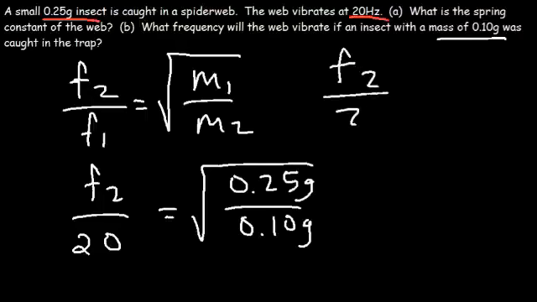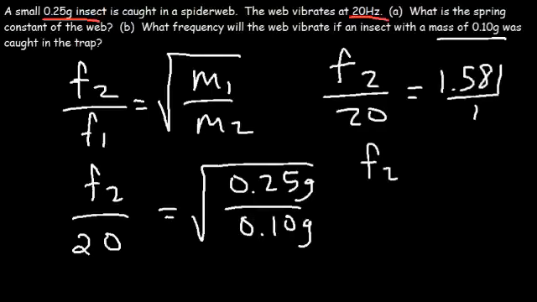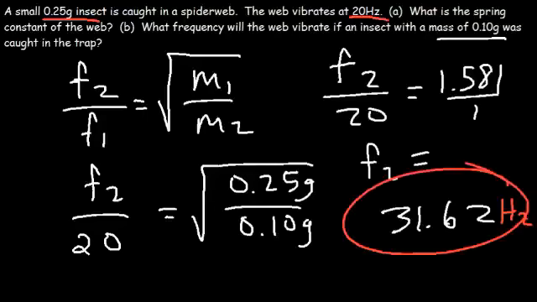So F2 divided by 20 is equal to 1.581. To solve for F2, multiply both sides by 20. So 1.581 times 20 is 31.62 hertz, which is about the answer that we got a few minutes ago.